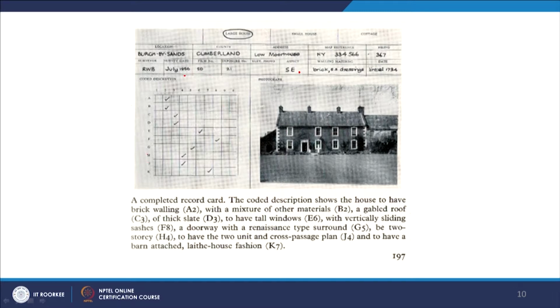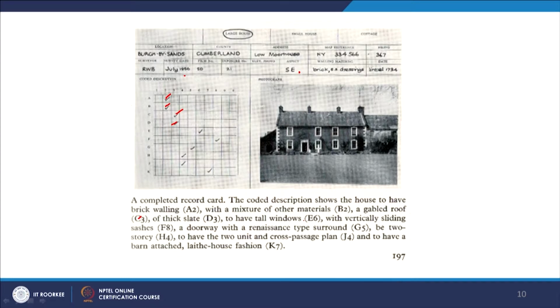And here if you see the same template, now there are a few ticks here, which talk about the coded description. It shows the house to have brick walling, which is A2, with a mixture of other materials, which is B2, a gable roof, which is C3, and a thick slate.